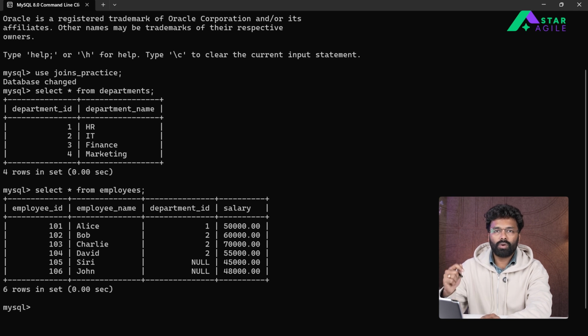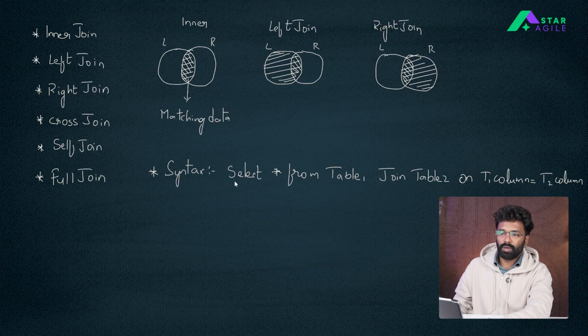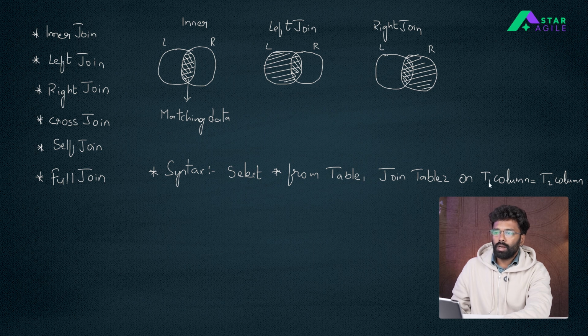Okay, so now how to write this command? As we already saw in the syntax: select star from table 1 join table 2 on T1 column and table 2 column. So select star from, so what is the first table?